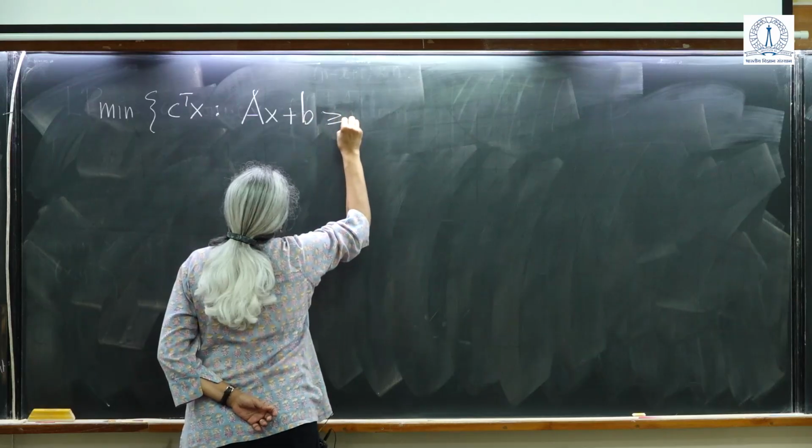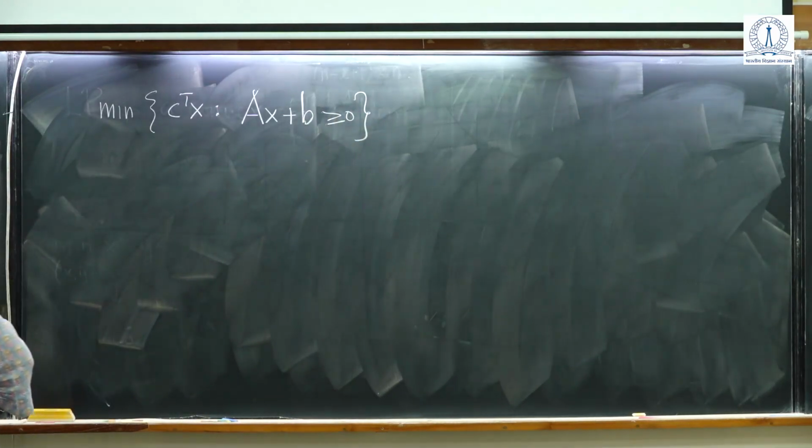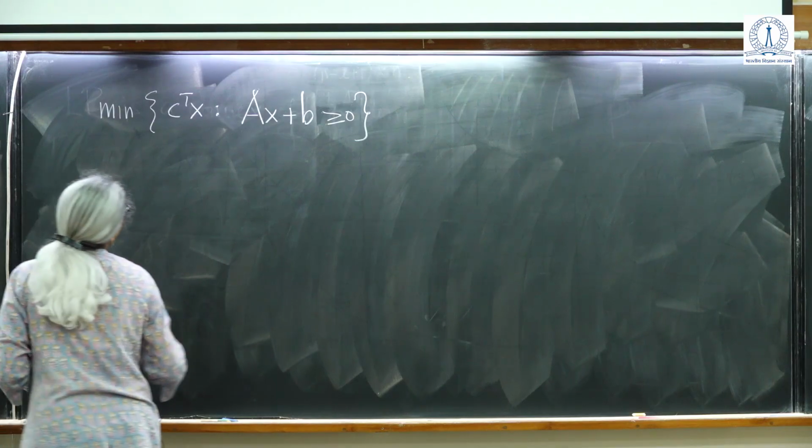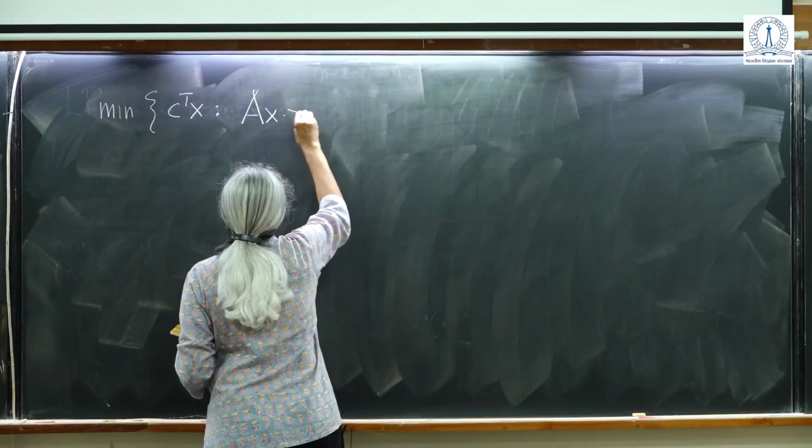Is it okay if I write it like this? Everybody okay that it's still a linear program? If you want to put it in the other form, you just take the b to the other side, so you have Ax greater equal to. Okay, let me write it like this.